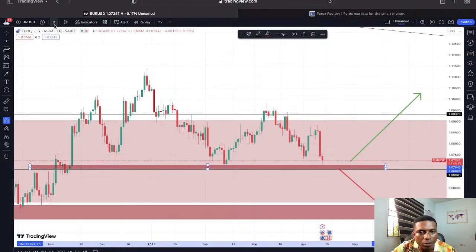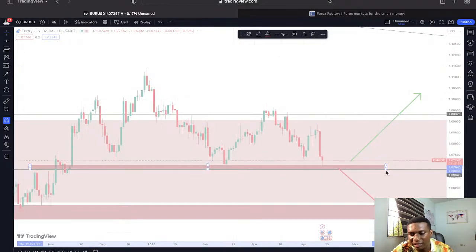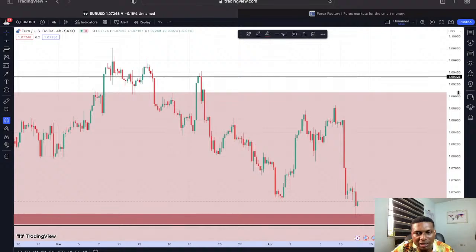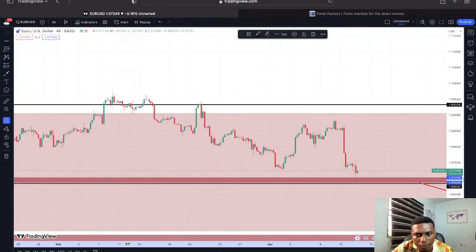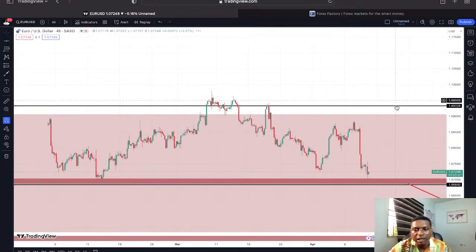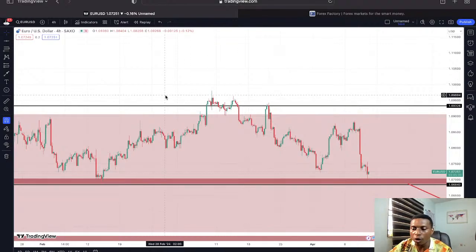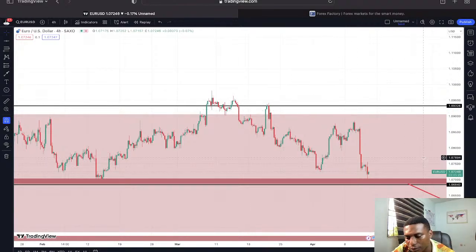So when we go down to the 4 hour time frame, we can clearly see from here that if we are going to buy up Euro USD from this level, our exit point for intraday traders, for short term traders, would be to look out for an exit plan at this level.